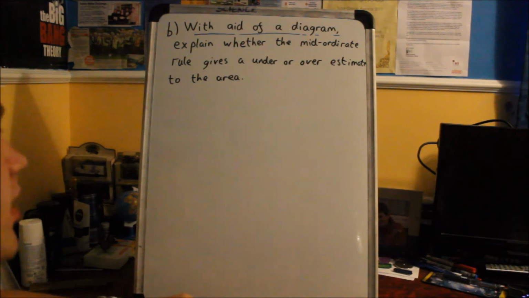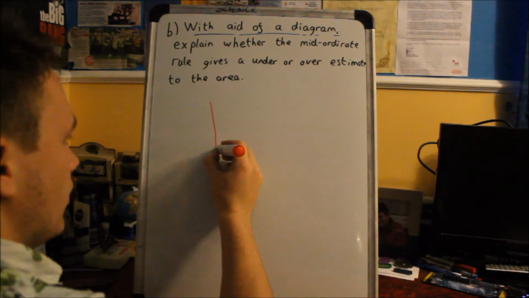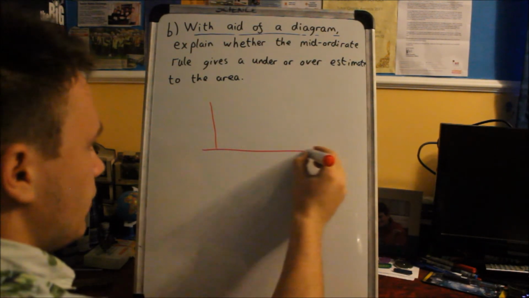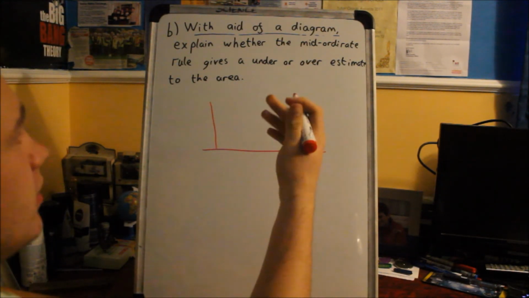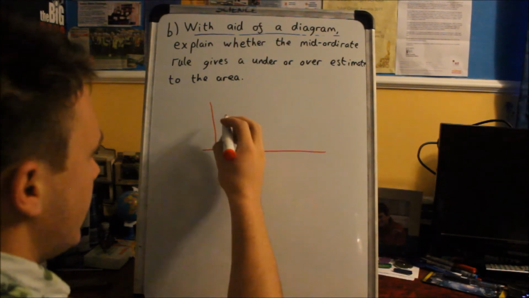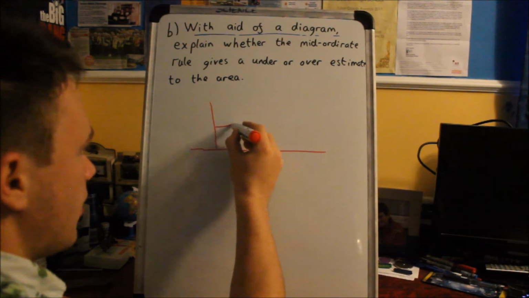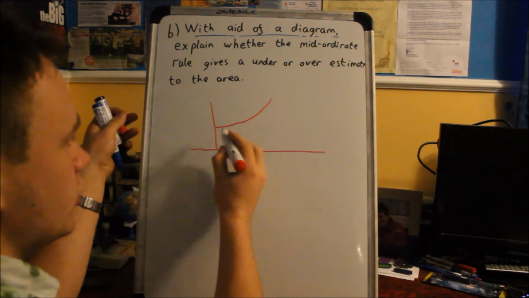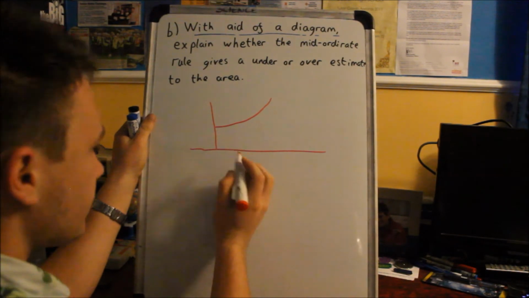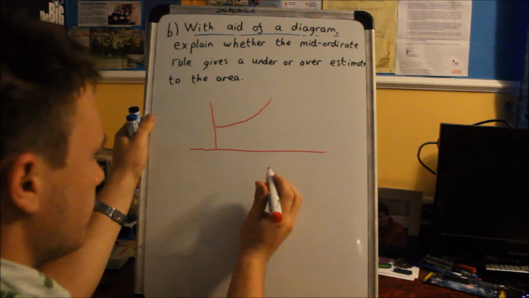So with the aid of a diagram, firstly we have to understand what the mid-ordinate rule is actually doing. Now in the exam paper the actual graph was drawn just before part A, so a reminder of what that looks like from here, where we're actually applying the mid-ordinate rule. It shoots up like this if you remember. So what are we doing with the mid-ordinate rule?